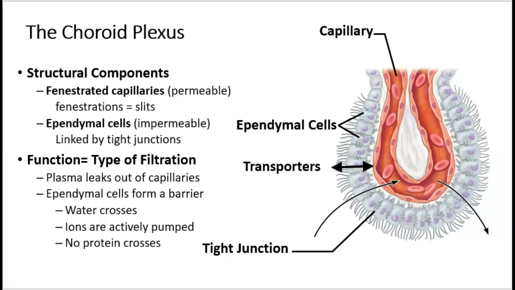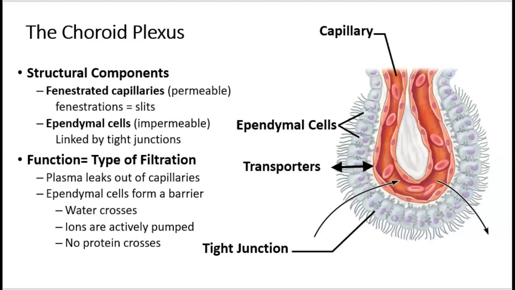The second component is the ependymal cells. They form tight junctions between them and are relatively impermeable, allowing water to cross, but not a lot of other things can move without the aid of transporters.